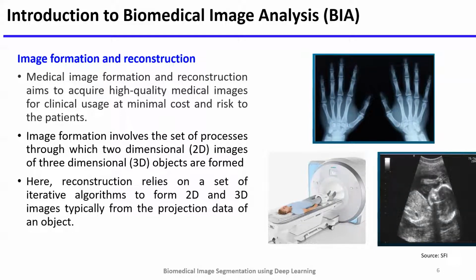Image formation involves a set of processes through which two-dimensional images of three-dimensional objects can be formed. Here, reconstruction relies upon a set of iterative algorithms to form two-dimensional and three-dimensional images, typically from the projection data of an object.